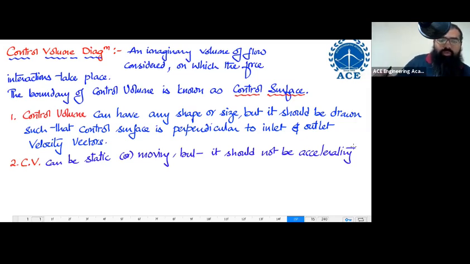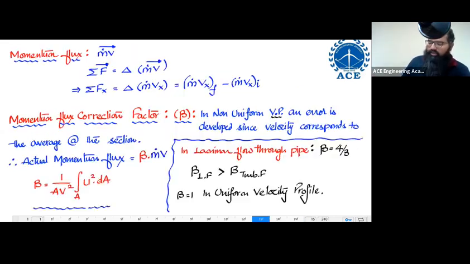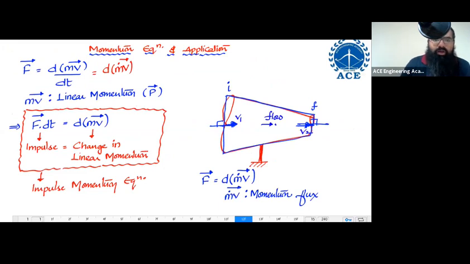Here, some of your doubts will get cleared, which I did not address previously. What was the doubt? Some of you asked why are you considering only time variation for mass, and not time variation for velocity, whereas velocity can also vary with respect to time?